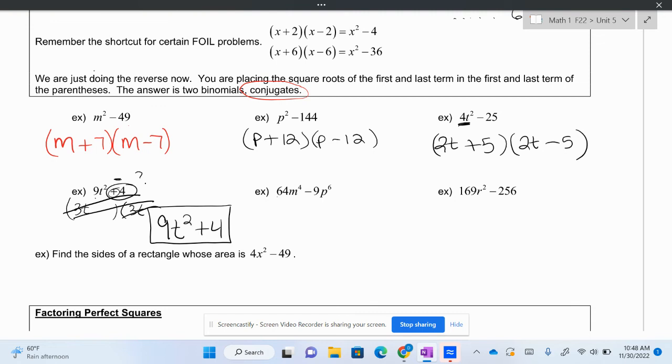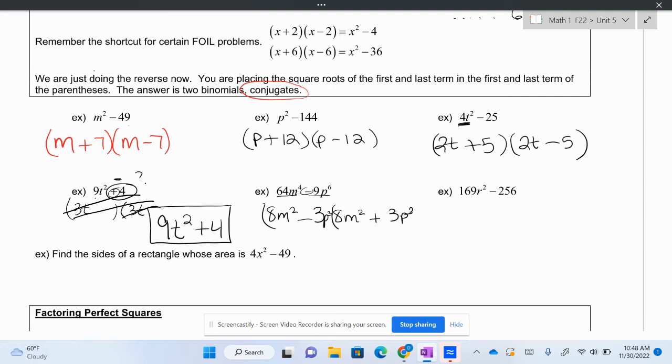Okay. But this example does have the difference of two squares. 64 is made by taking 8 times 8. M to the fourth is made by taking m squared times m squared. 9 is made by 3 times 3. And p to the 6, well, that's from p cubed times p cubed.